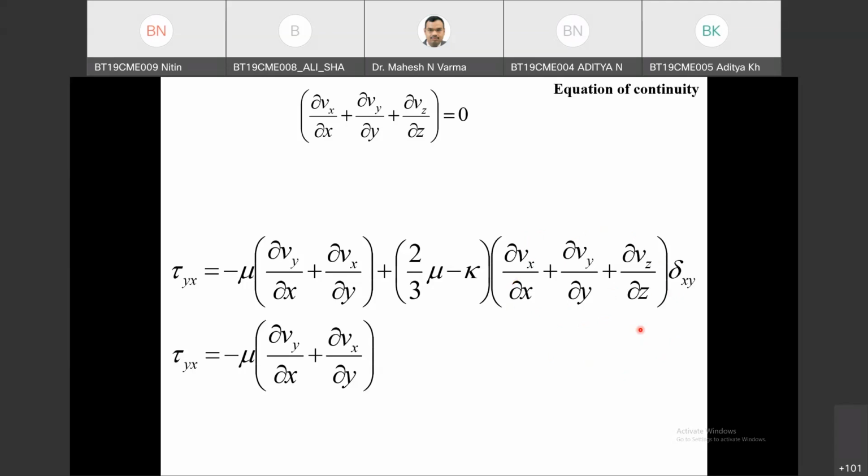Everywhere in chapter 2 we are dealing with liquid flow, which means a constant density system and continuous flow. Hence del dot V is taken to be 0, and in the generalized Newton's law of viscosity we have always neglected this term. We have not taken this term in any of the derivations, so we were working with only the first term.